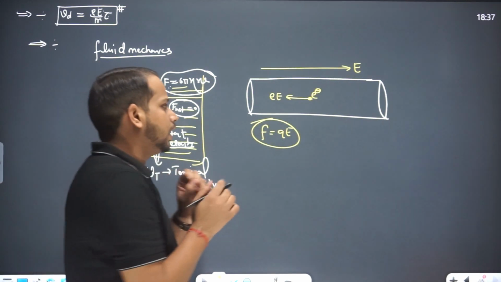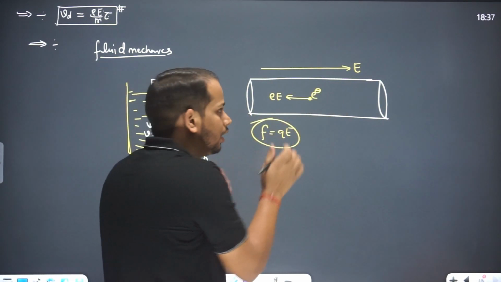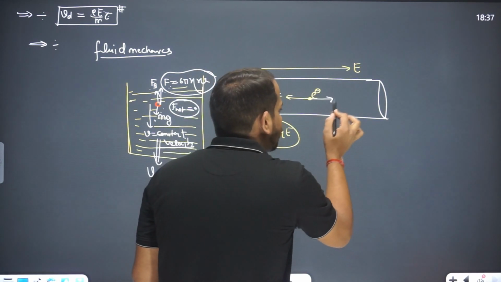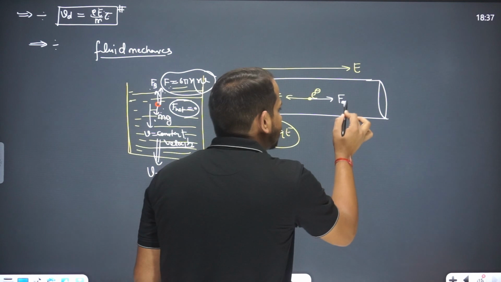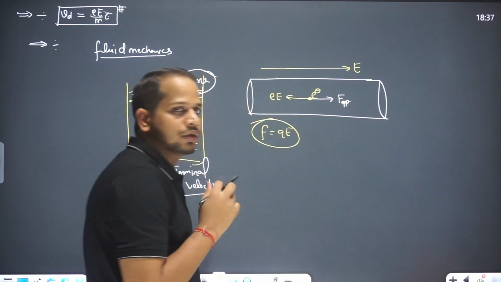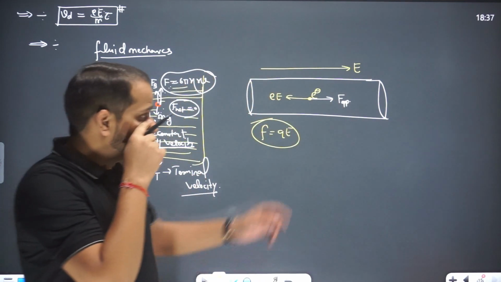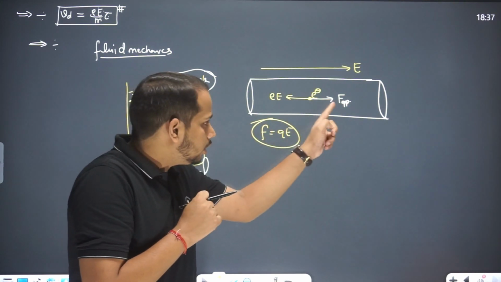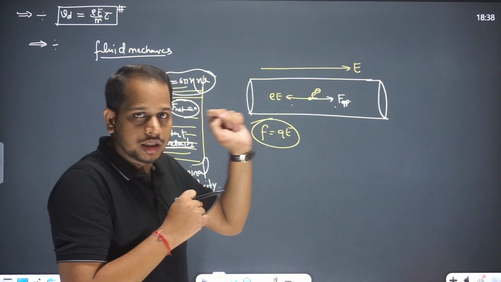We will assume for the electron, it's only an assumption, what I said initially. There is an opposing force acting along this direction. Due to this force, the velocity will reduce. So we are assuming that when these two forces are equal, then what will happen?